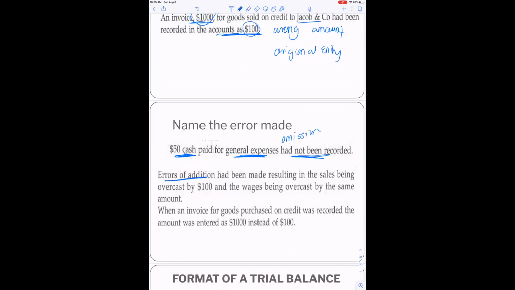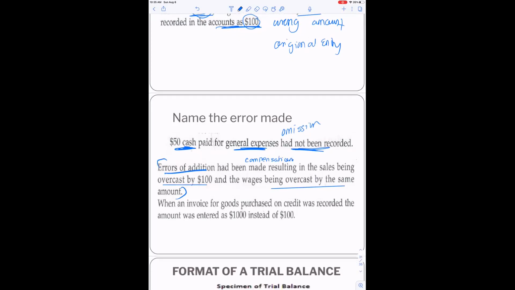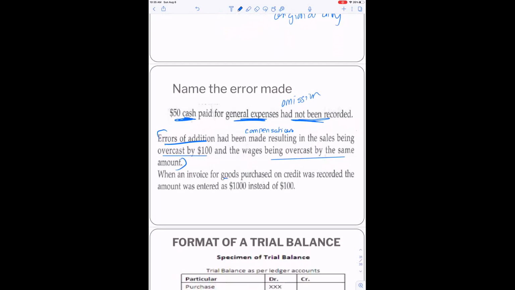Error of addition. Overcast. Wages being overcast by same amount. Overcast, undercast. Error of compensation. Invoice for goods purchased on credit was recorded.